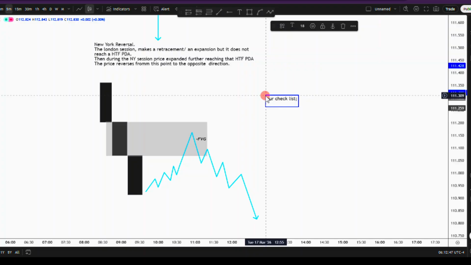So to identify this, one, identify pools of liquidity or draw on liquidity. Where does this lie? It lies at equal highs. We can have equal highs and lows, swing highs, swing lows. We can have failure swings.